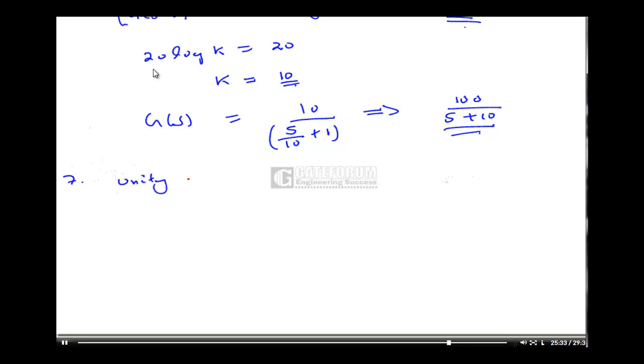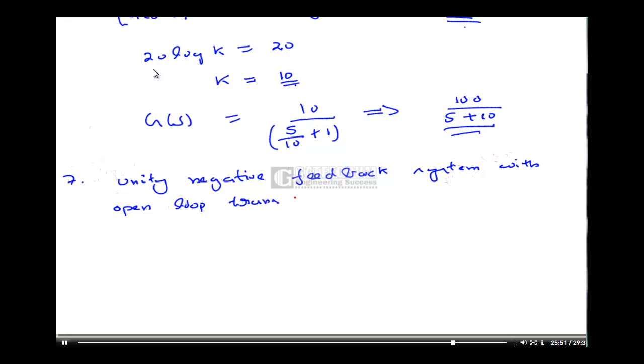A unity negative feedback system with open loop transfer function G(s) equal to k upon s into (s plus 1)(s plus 2).